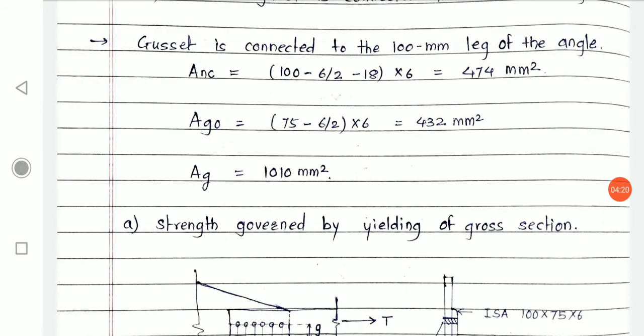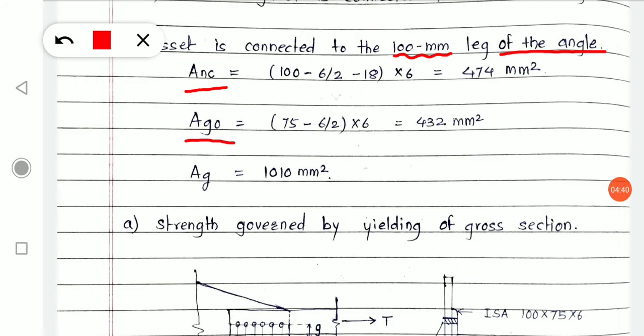Yes, so we have solved this part yesterday, in which we considered the 100 mm leg connected to the gusset plate. The 100 mm leg of that angle is connected to the gusset plate. Anc stands for net area, Ag stands for gross area.